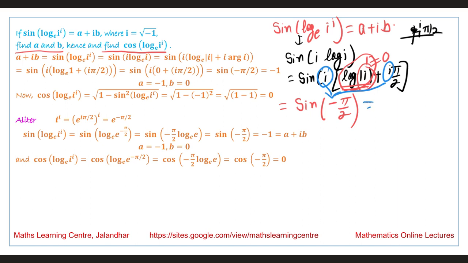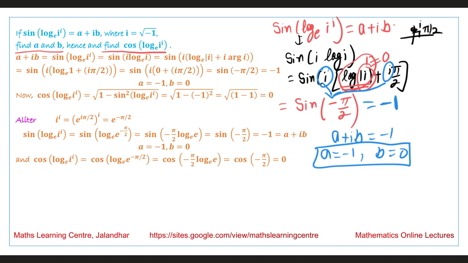So the answer in this case is sine of minus pi by 2, which is minus 1. So the number a plus iota b is equal to minus 1. So a is equal to minus 1 and b is equal to 0.